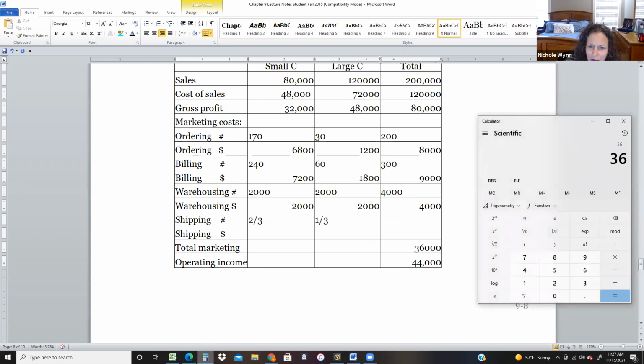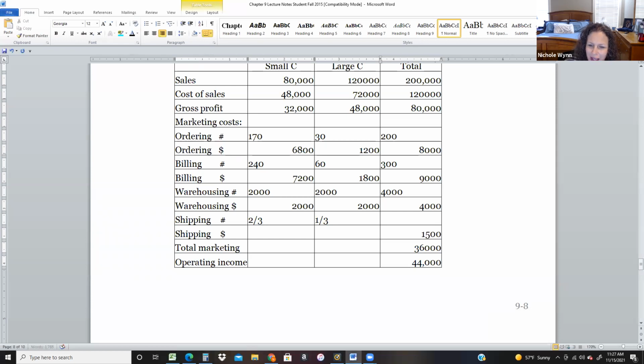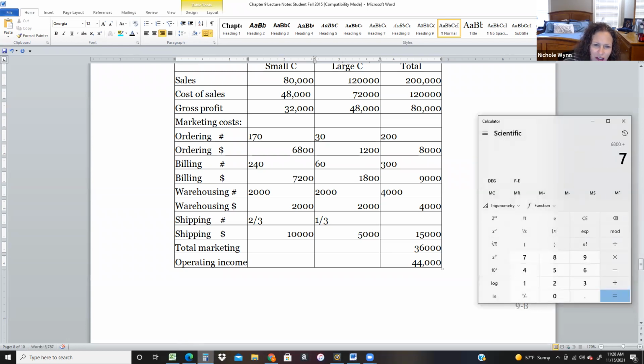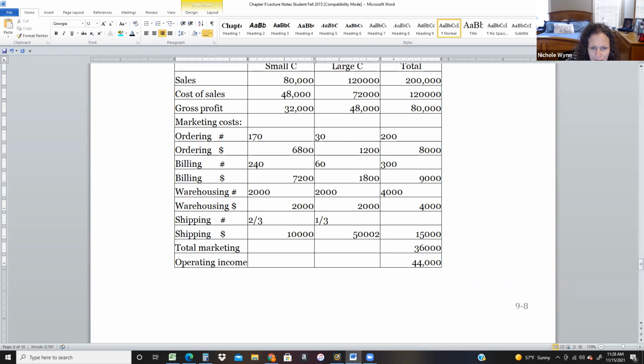So 36 minus 8 minus 9 minus 4 is 15,000. That's going to make a nice clean number, isn't it? So 2/3 will be 10 and 5. That's better. Okay, so then 6,800, 7,200, 2,000, and 10,000. 26,000 here.